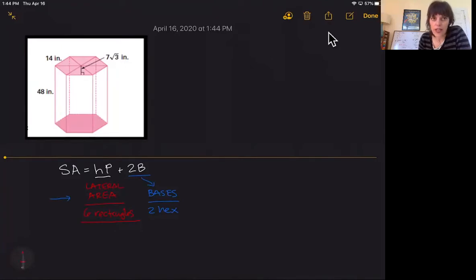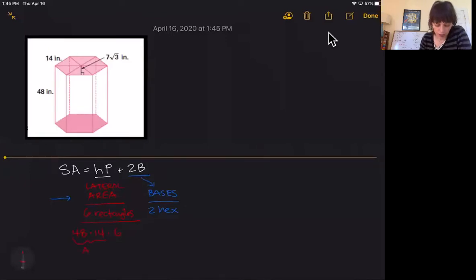So each rectangle has a height of 48 and a width of 14. And then I also know that because this is a hexagonal prism, I've got 6 rectangles connecting those 2 hexagons, and that means I have 6 of those. So the 48 times 14 is the area of 1, but I have 6 of those.